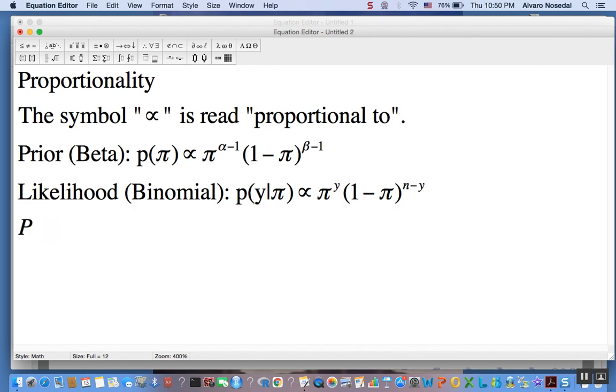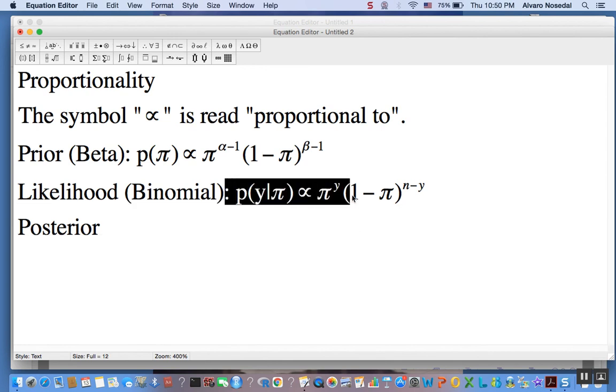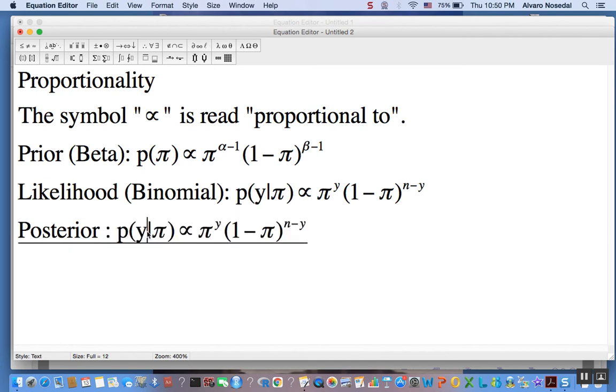So, the posterior. We know that our posterior is a similar conditional probability, but we reverse these: we want the conditional probability of pi given our data.